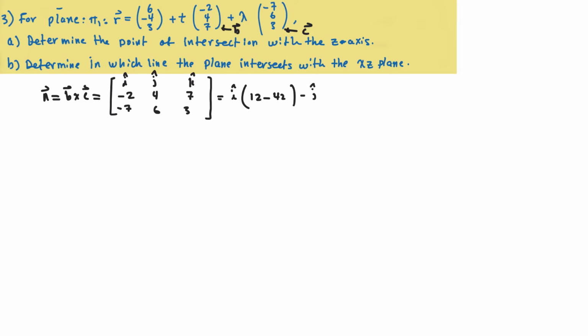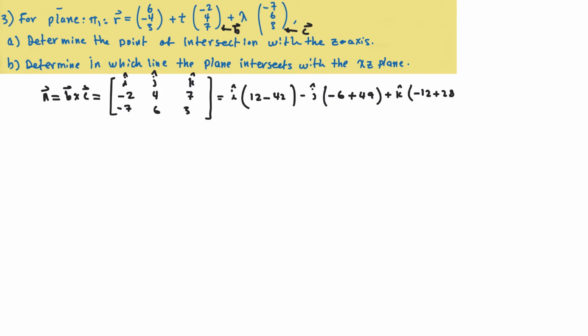And then my negative y component is going to be negative 2 times 3, which is negative 6, minus 7 times negative 7, which is negative 49. So this is going to be plus 49. And finally, for the z component, I'm going to have negative 2 times 6, which is negative 12, minus negative 7 times 4, which is negative 28.